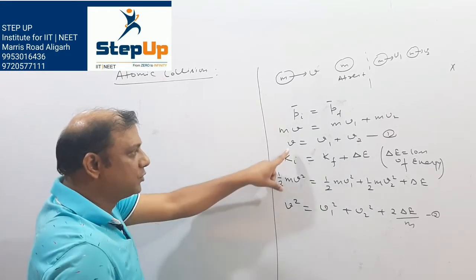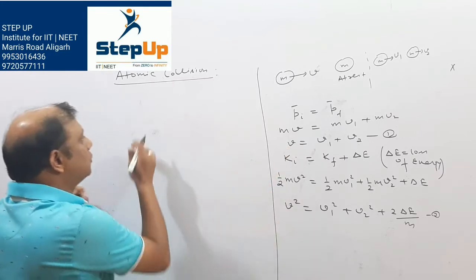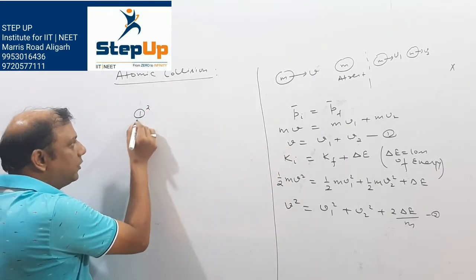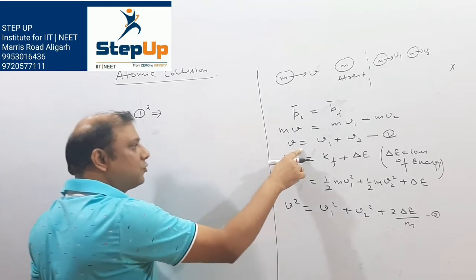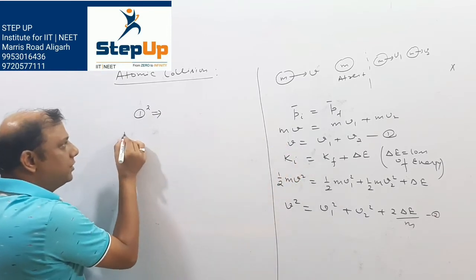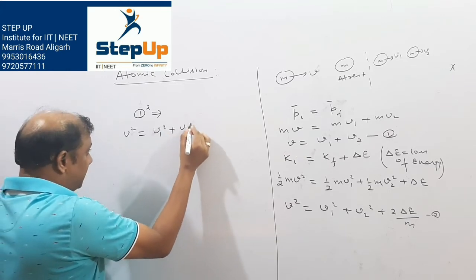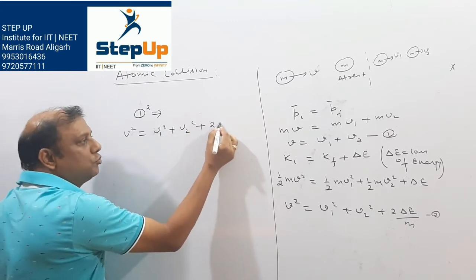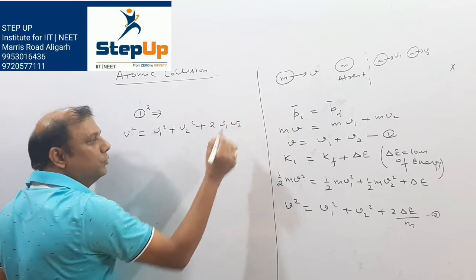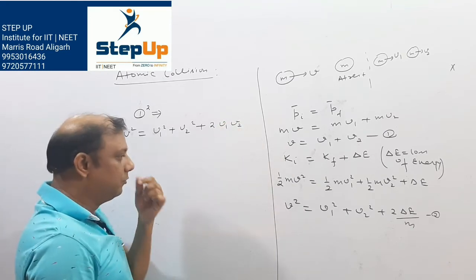Here it is v, and here it is v square, so we square equation 1. When we square equation 1, we get v square equals v1 square plus v2 square plus 2v1 v2.